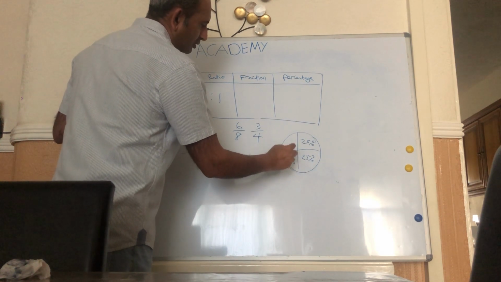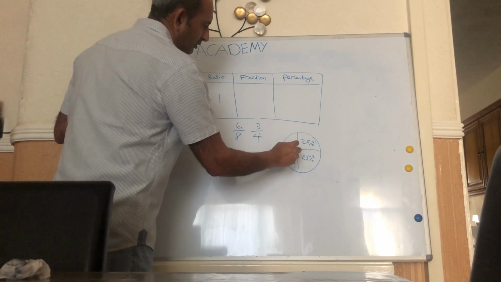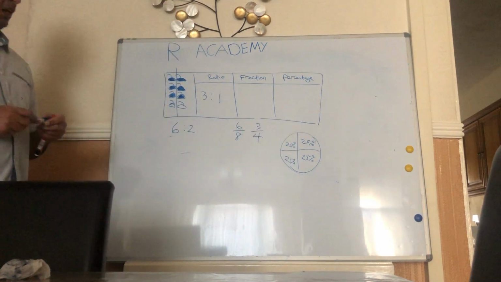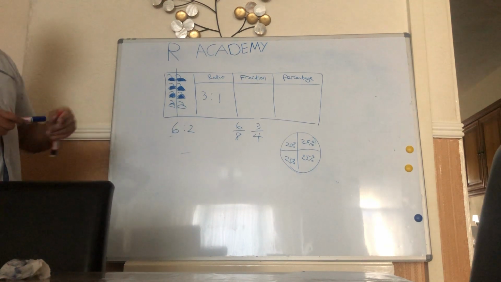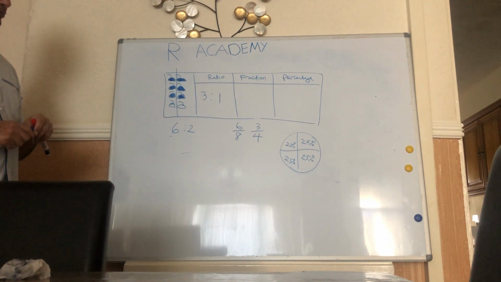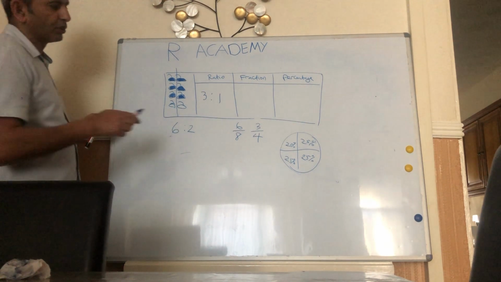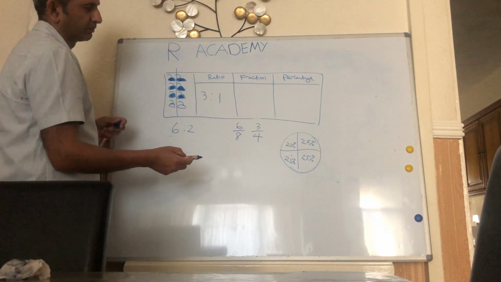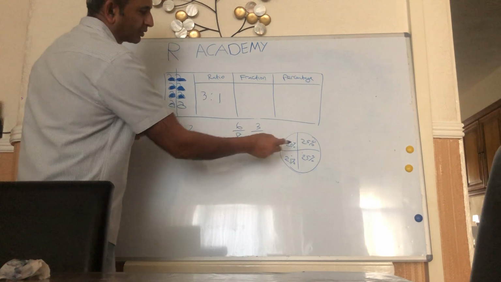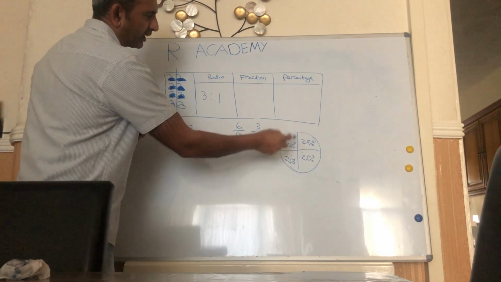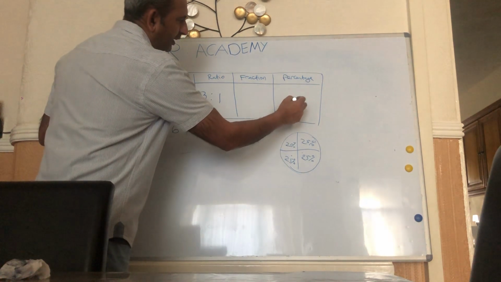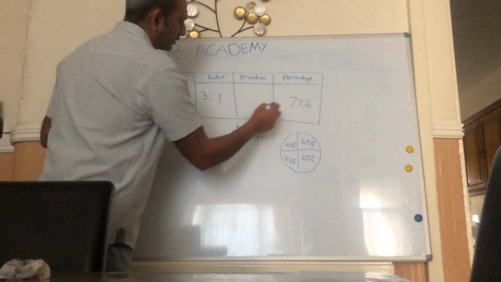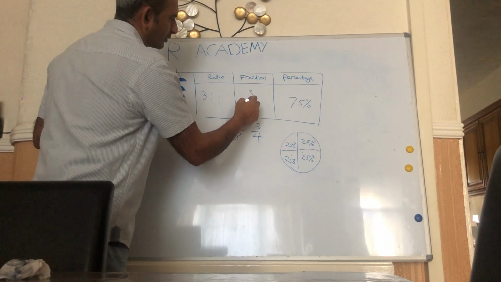So each part of that slice, each quarter is 25%. So if there's 3/4, that means there's 1, 2, 3. So 3/4 equals 50 and 25, 75%. 3/4.